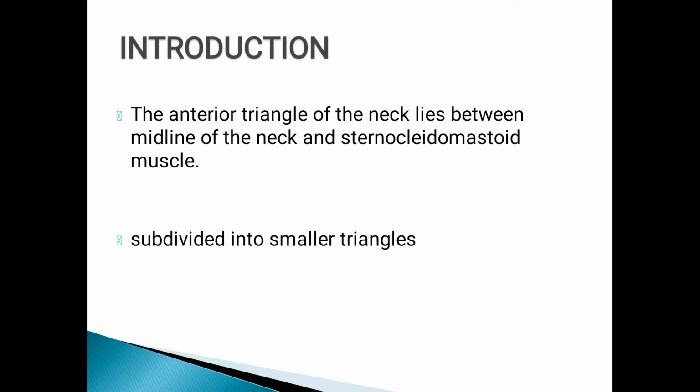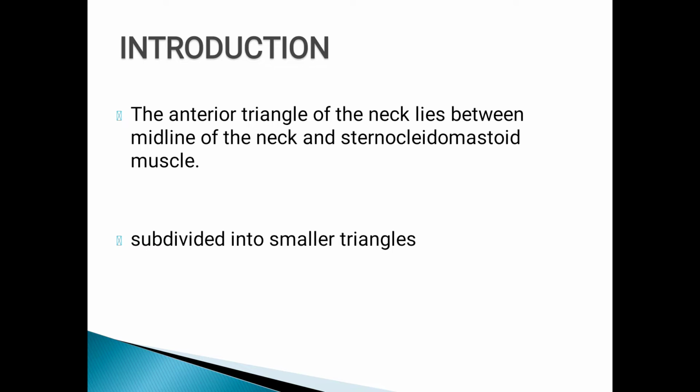Regarding the introduction of the anterior triangle, we all know that the side of the neck is divided into two triangles by a muscle, the sternocleidomastoid muscle, which is present obliquely on the side of the neck on each side.